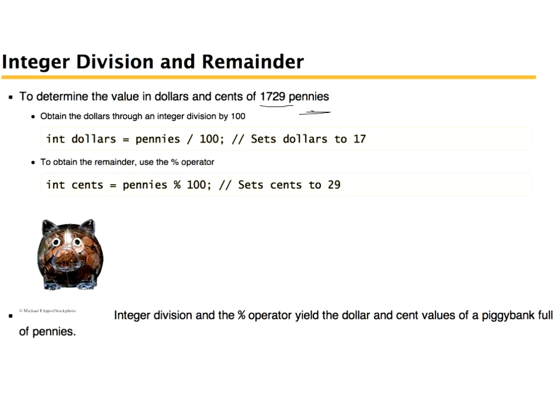So if you want to work out how many dollars the 1729 will be, we just say int dollars equals pennies divided by 100, it will give us the dollars. If we say, on the other hand, pennies modulus or mod 100, it will give us the remainder only. It will give us 29. So we know now we have $17 and 29 cents.